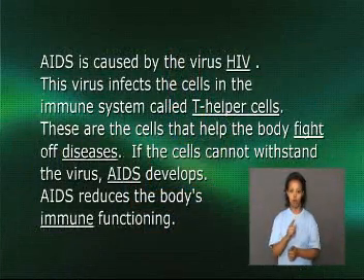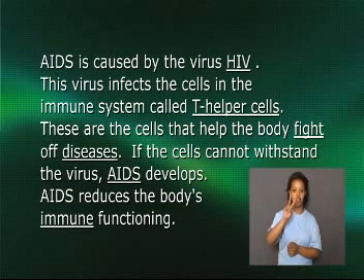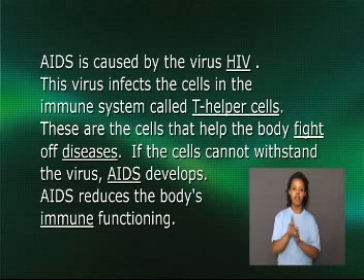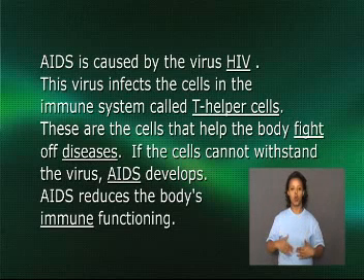AIDS is caused by the virus HIV. This virus infects the cells in the immune system called T helper cells. These are the cells that help the body fight off diseases.